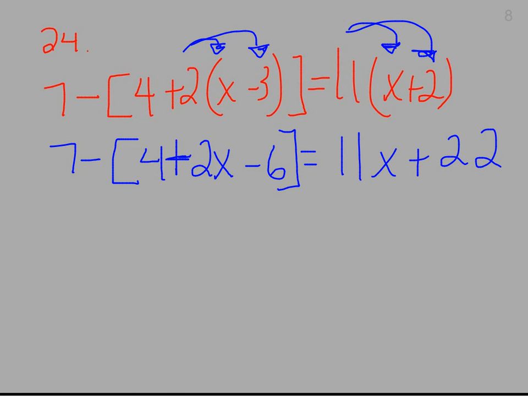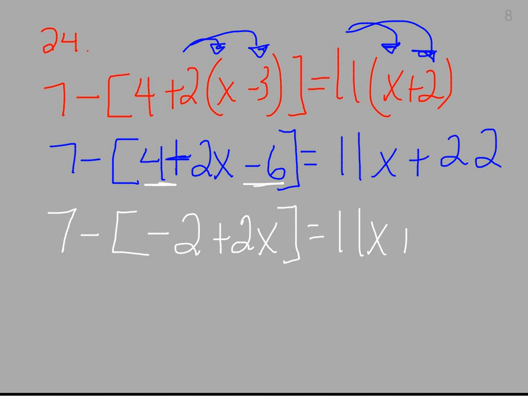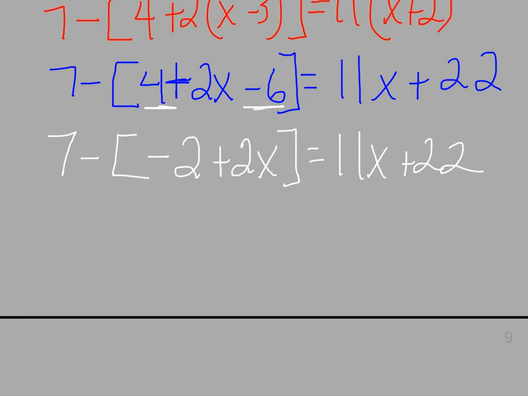Now inside the bracket I'm going to combine the like terms, which are 4 and negative 6. So I'm going to have 7 minus bracket negative 2 plus 2x, end bracket, equals 11x plus 22. Now what I need to do is distribute the negative sign right here by changing it to negative 1, and we're going to distribute it to there and to there.